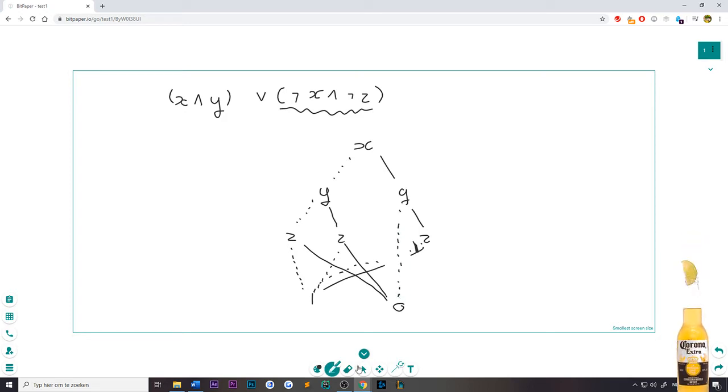This one we can redirect, and this one we can redirect. Similarly, these two we can collapse, because this one goes false to 1 and this one goes true to 0, both.